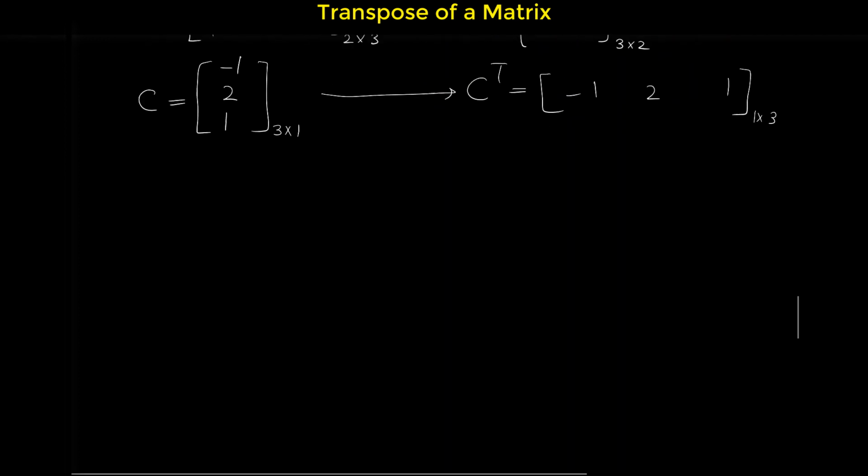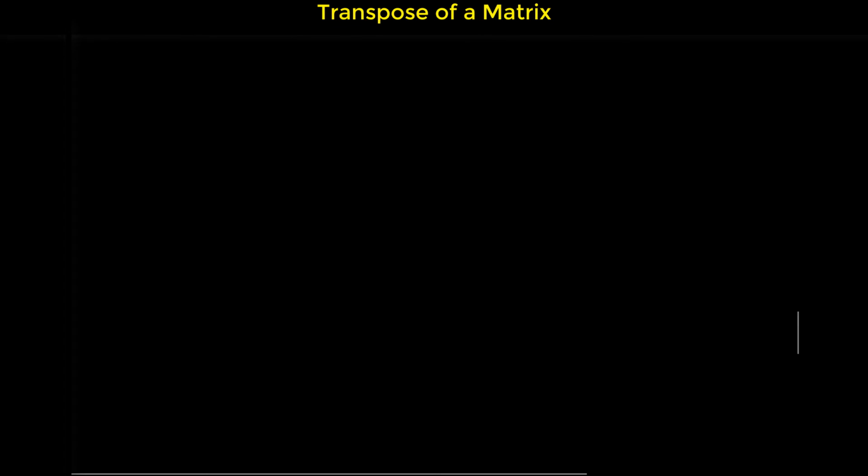Also note that the transpose of the transpose of a matrix is the same matrix. In general, if we transpose the transpose of a matrix, we get back to the original matrix, which completely makes sense, because if 2 times we switch rows and columns, we get back to the original matrix.